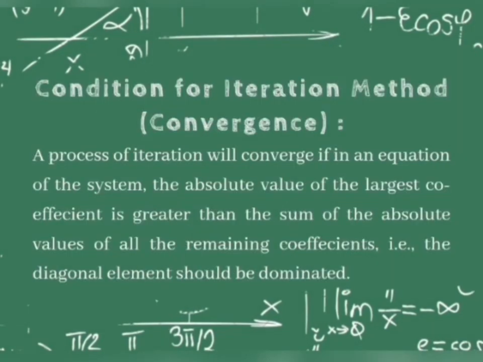Now let's see the condition for the iteration method, that is the convergence rule. A process of iteration will converge if, in an equation of the system, the absolute value of the largest coefficient is greater than the sum of the absolute values of all the remaining coefficients, that is, the diagonal element should be dominant.